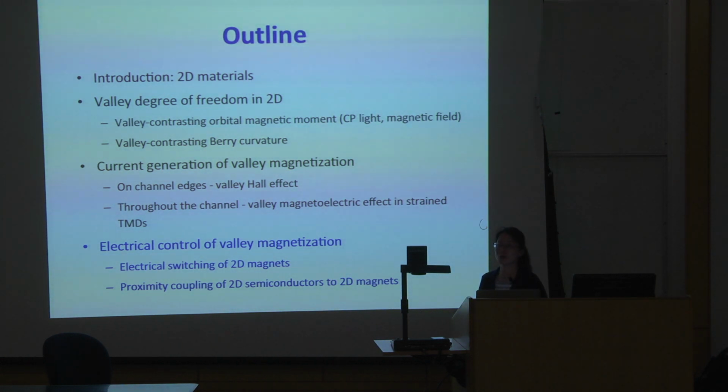Because of those two, we can address the valley degree of freedom by light, by magnetic field, by electric field. And I've shown you how to generate them using current, and I also talked about how to electrically control them through controlling the magnets.